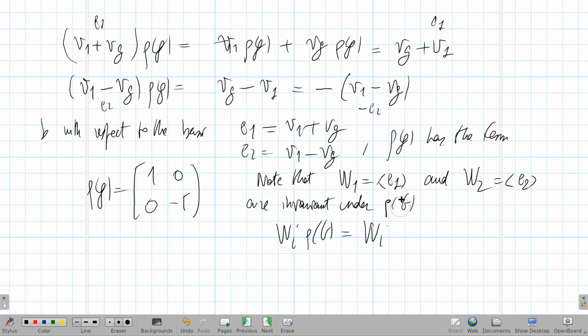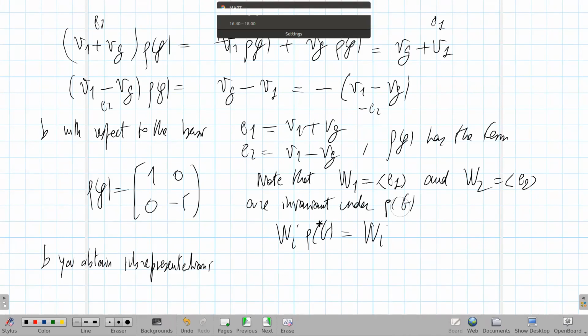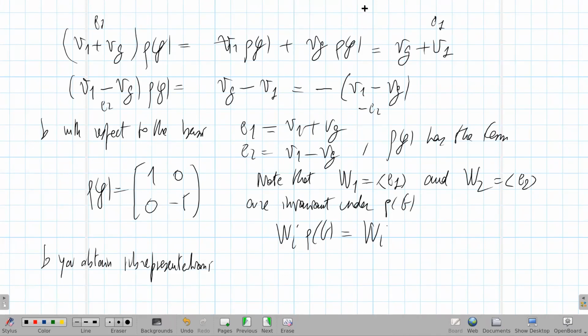And so this means that you obtain subrepresentations. That is, you restrict rho g to the two subspaces, and you obtain two maps, rho W1 from G to GL W1.